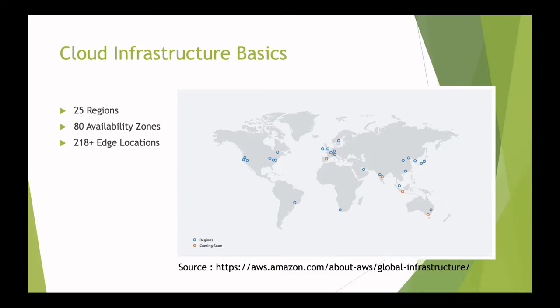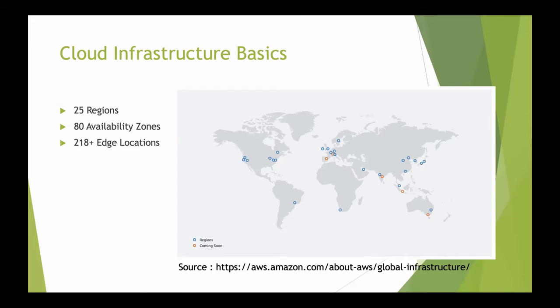That is why they say each region should have a minimum of 2 availability zones. If they have only one availability zone, they cannot provide the availability or the durability that they guarantee. So minimum 2 availability zones are in a region, but there can be more.